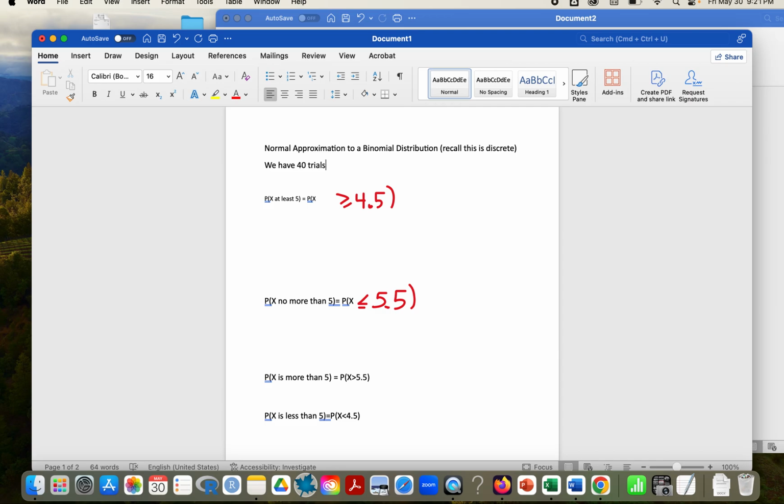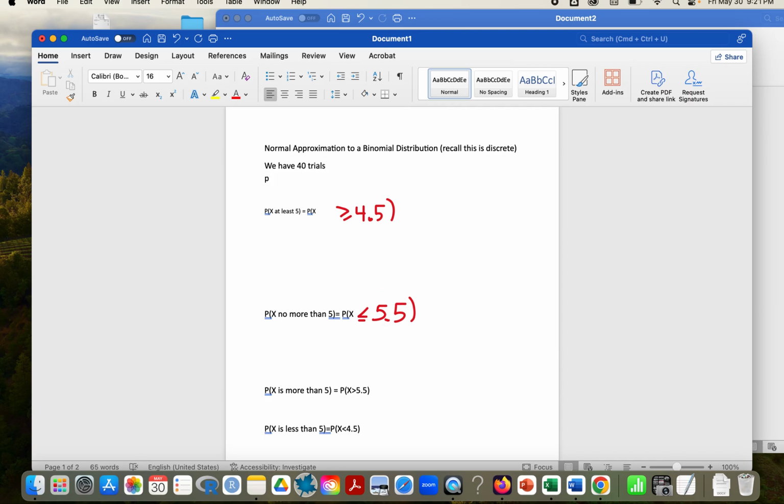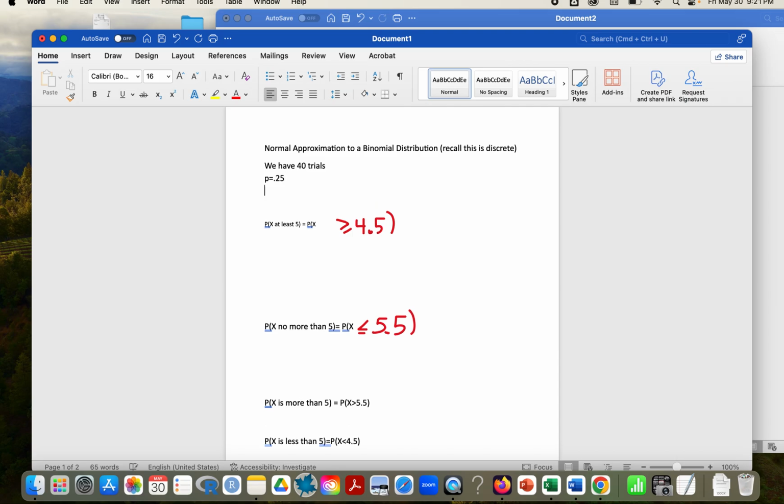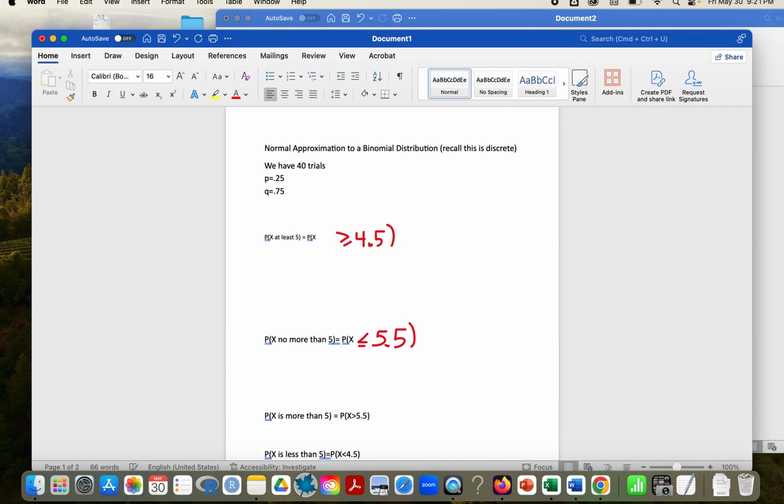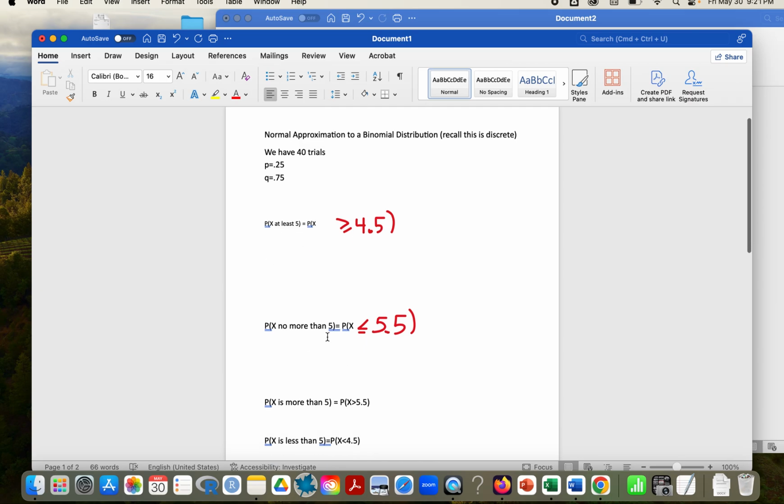And we are going to say that our probability of success, which is our P, is going to be equal to 0.25. That means our Q is going to be equal to 0.75. Now, we're going to try and find the probability of being at least 5, no more than 5, and so forth.